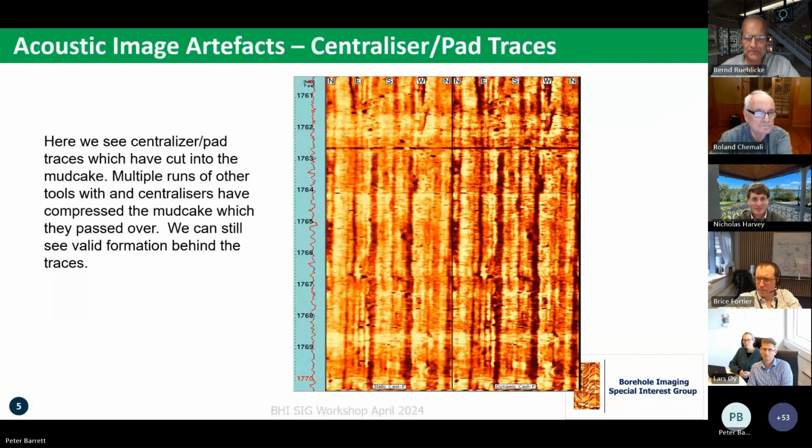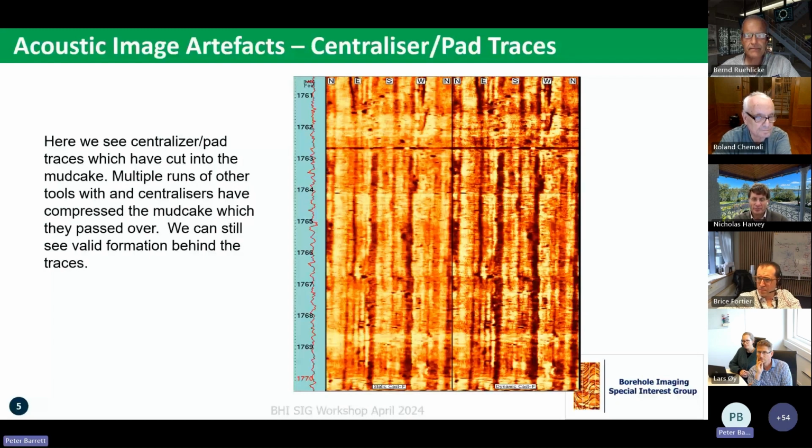There we go. Okay. So the first of the image artifacts is one that we see fairly commonly on acoustic images, and this is a fairly simple one. When we do have mud cake form, and we run several tools in the hole, such as density tools with their pads which are pressed tight against the borehole wall, and the various centralizers used to centralize the tool, they often tend to form these vertical lines which we see in the wellbore.